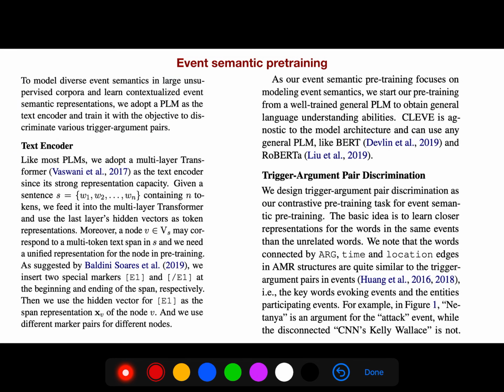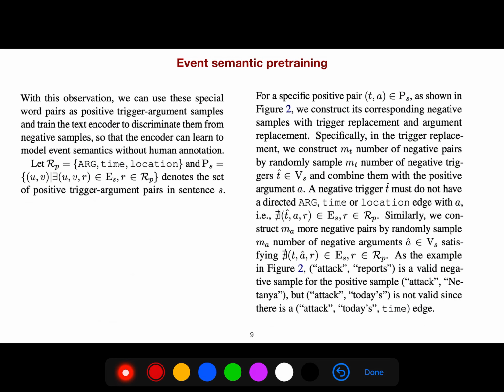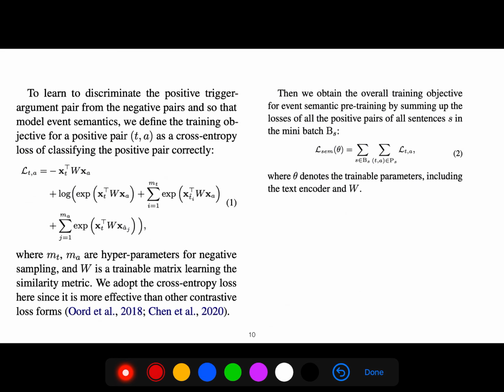Then we have this pre-trained language model and then because we want to have a text encoder as a good initialization of our graph neural network. And then to learn to discriminate the positive trigger-argument pair from the negative pair, and so model event semantics, we define the training objective for a positive pair as a cross-entropy loss of classifying the positive pair correctly.